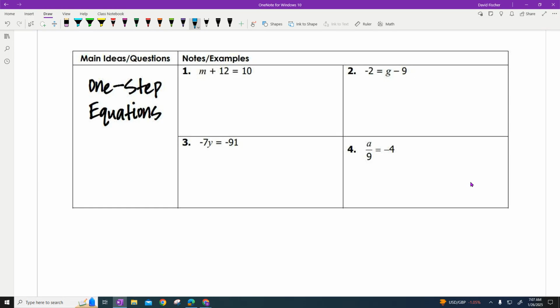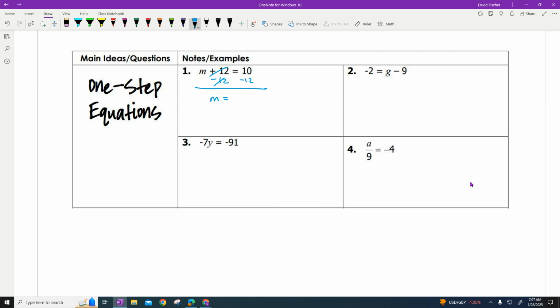All right, so here we go. Just like I said, I want the m by itself, and in algebra they usually ask us to get one letter. We only have one variable here. So we're going to undo this by subtracting 12 from both sides. The 12 and the negative 12 cancel out, so we just have this m and a positive and a negative. Now get into this habit too, because a lot of kids are still using calculators. This should be a mental math problem.